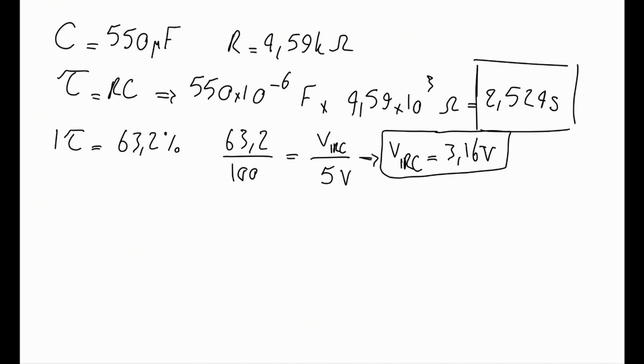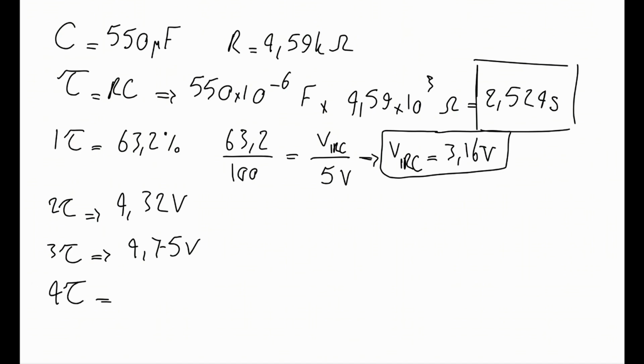So, after 2 time constants, with the same method, it's 4.32 volts, and after 3 time constants, it's 4.75 volts, and after 4 time constants, it's 4.91, and after 5 time constants we can approximately consider it as 5 volts.